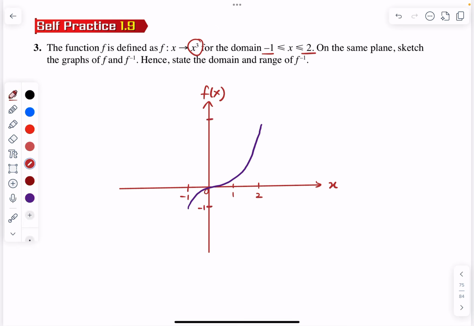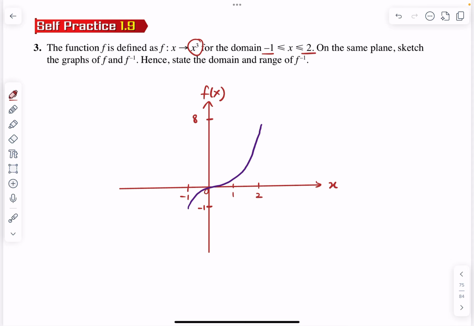And when x was 2, y is 8. Okay, so our domain for this is -1 to 2. They already gave that. And our range of graph will be between -1 until 8. Okay, from here to here. This is our range.